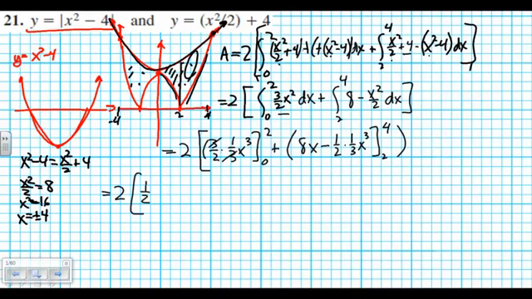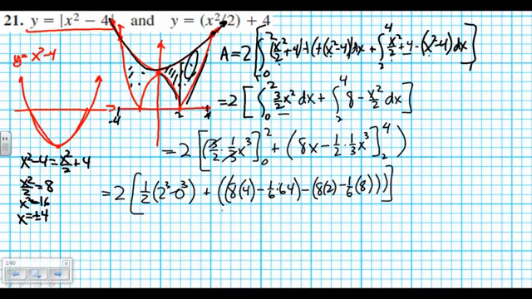I get 1/2 times 2 cubed minus 0 cubed, plus 8 times 4 minus 1/6 times 4 cubed, which is 64. So there's the upper bound minus my lower bound, 8 times 2 minus 1/6 times 2 cubed, which is 8. What a mess, but we can do it.